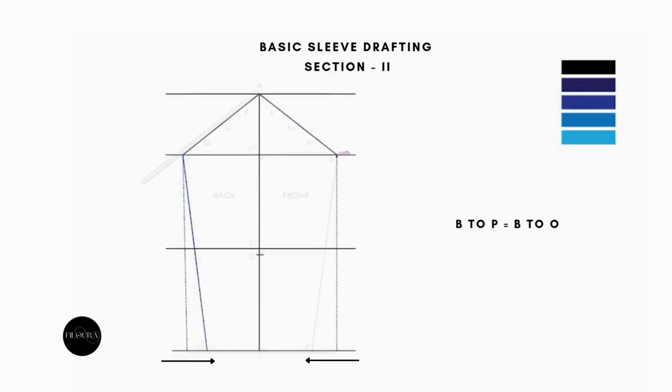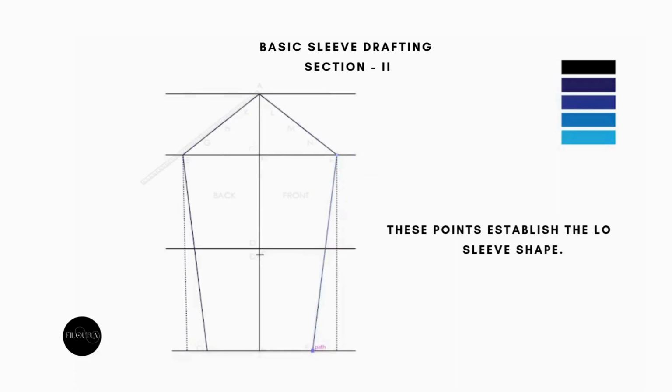B to P is equal to B to O. These points establish the lower sleeve shape.